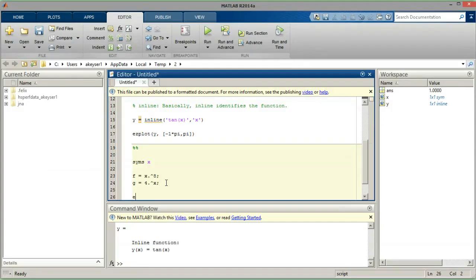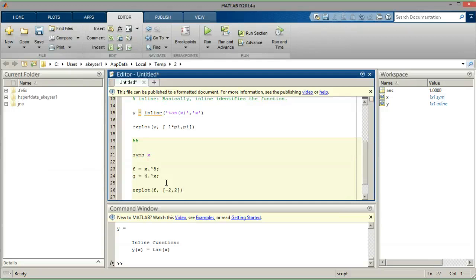And then I want to graph these and put them on the same plane as I said before. So we're going to put ezplot f, and then let's put an interval, let's say -2, 2. Now this is one function. Now you've told the computer to graph f. Now you want to graph another function, but you want them on the same plane.